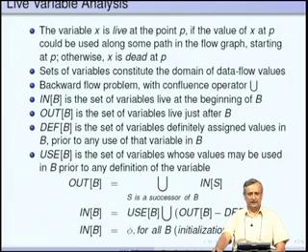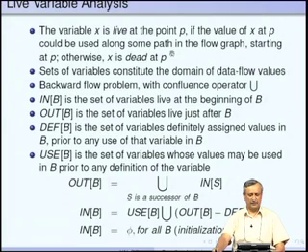We were discussing the live variable analysis problem. So, what is the live variable analysis problem? If we say that a variable x is live at a point p, then the value of that variable at that point is going to be used along some path in the flow graph starting at p.